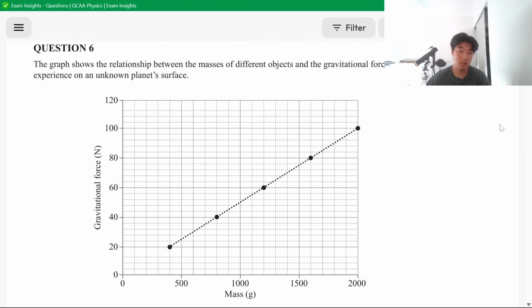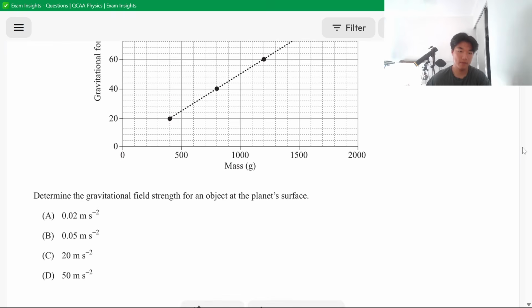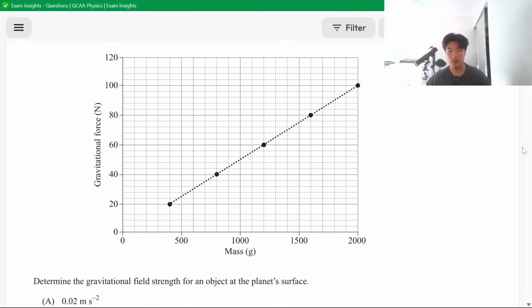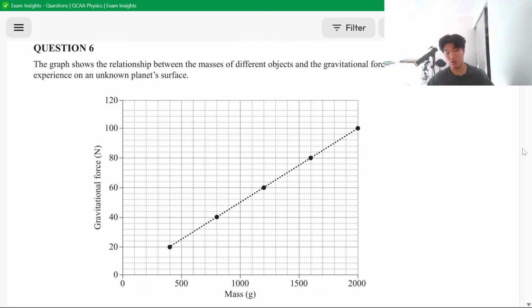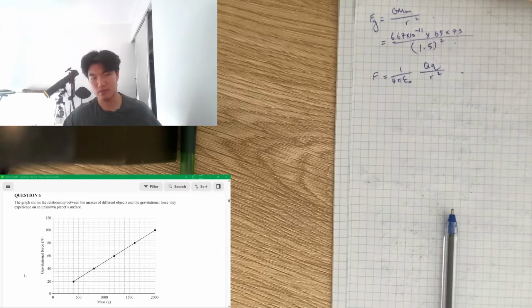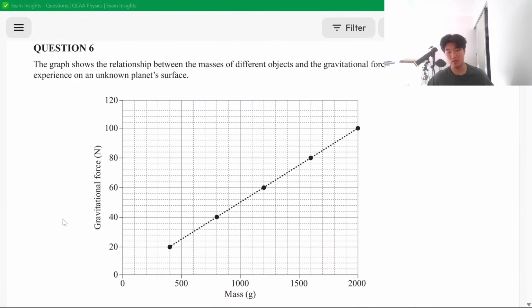The graph shows the relationship between masses of different objects and the gravitational force they experience on an unknown planet's surface. Determine the gravitational field strength of an object at the planet's surface. We need to take note of the units. Yeah, that's pretty important. So in this case, you have gravitational force on the side and mass in grams.